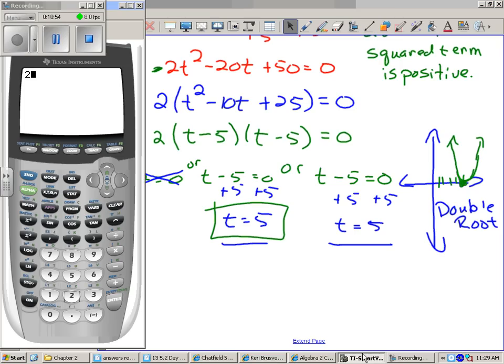I can go 2 times 5 squared minus 20 times 5 plus 50. And notice this is going to give me 0. It solves my problem. This is my check, and it worked out.